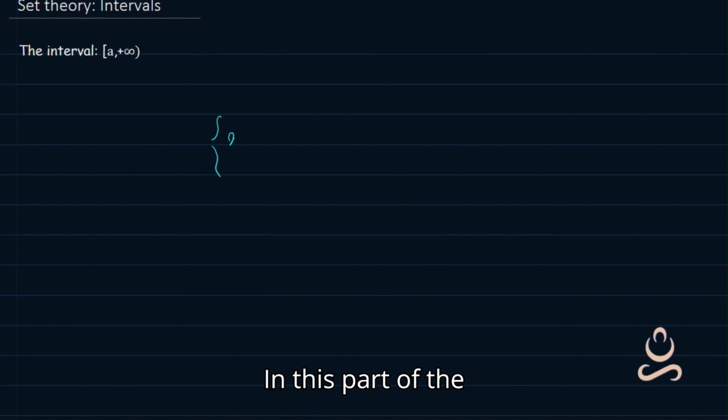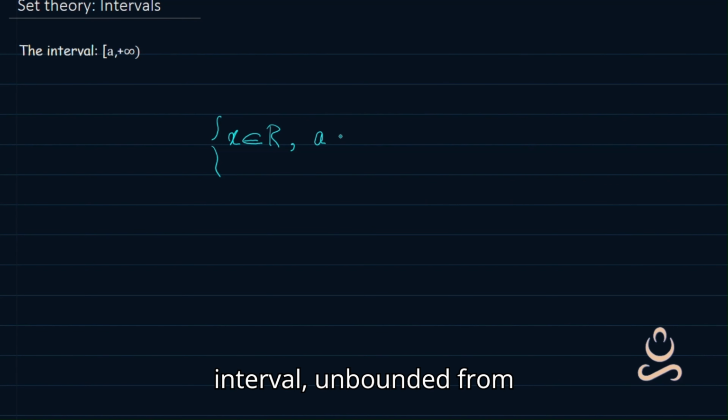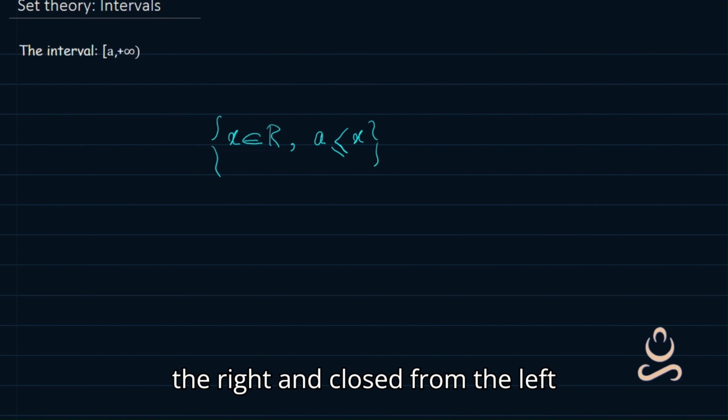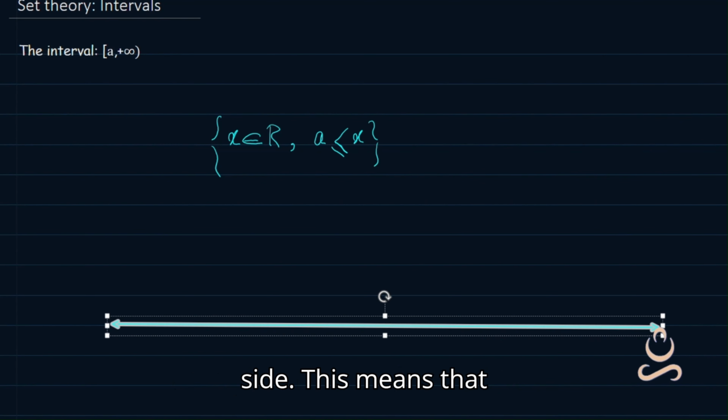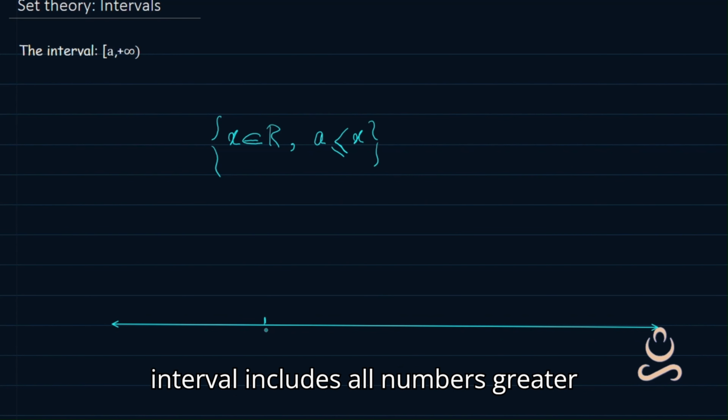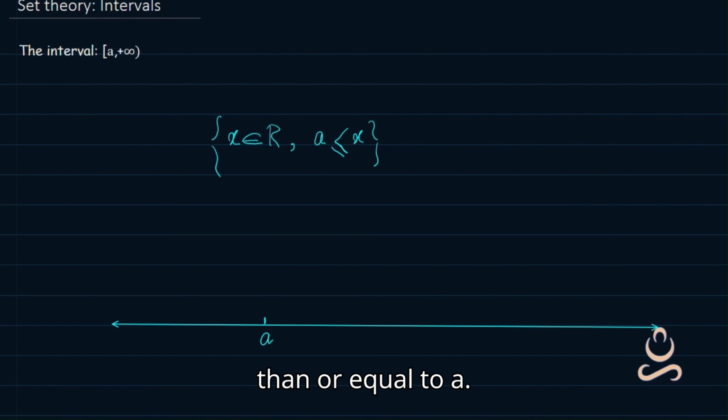In this part of the exercise, you encounter an interval unbounded from the right and closed from the left side. This means that interval includes all numbers greater than or equal to a.